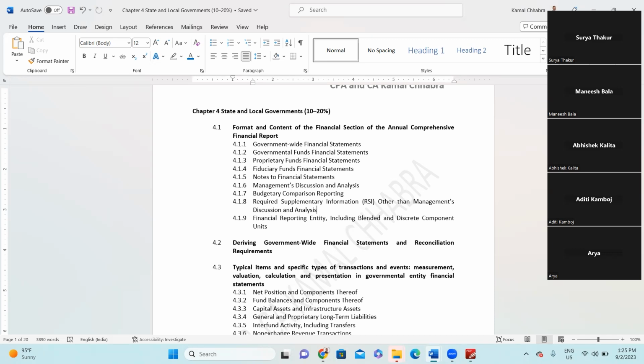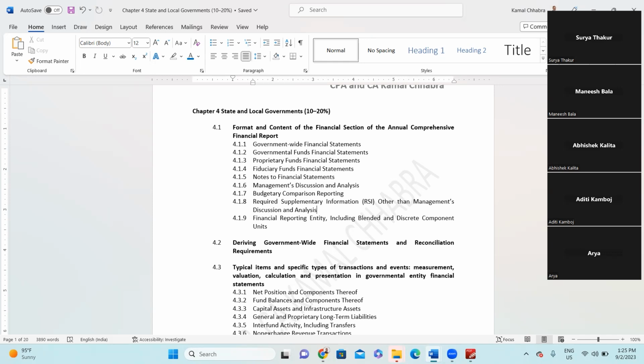Any idea where government does businesses? Sir, government businesses are those government entities which are for-profit entities like Indian Oil sort of. Yes, Navratna. Right. So those all come under the proprietary funds.